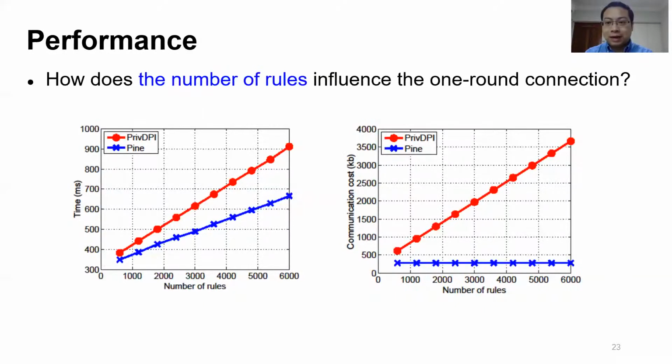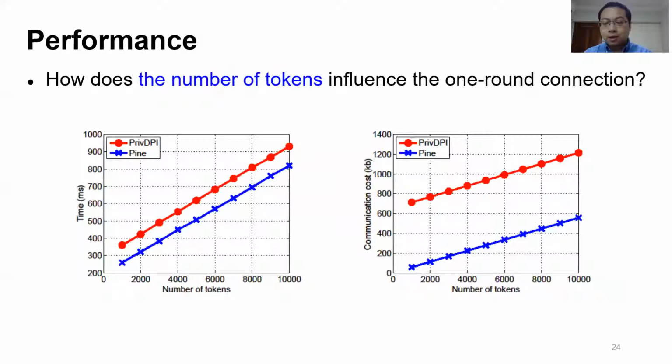It is demonstrated that Pi takes less time than PrivDPI in each case, and the right figure shows the communication cost for a one-round connection in the same setting. The communication cost of PrivDPI grows linearly with the number of rules, while for Pi it is constant. We then vary the number of tokens: the left figure shows the running time of Pi is linear with the number of tokens in the payload, the same as PrivDPI.